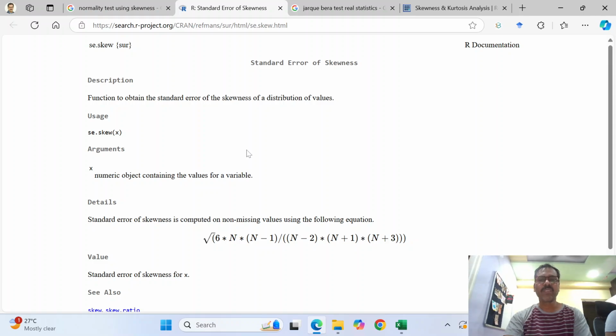The documentation I am showing you is related to the R language, where things are straightforward. We don't need to calculate the skewness ourselves. There are many tests and inbuilt functions which help us by default to perform normality tests on underlying data sets or data variables.